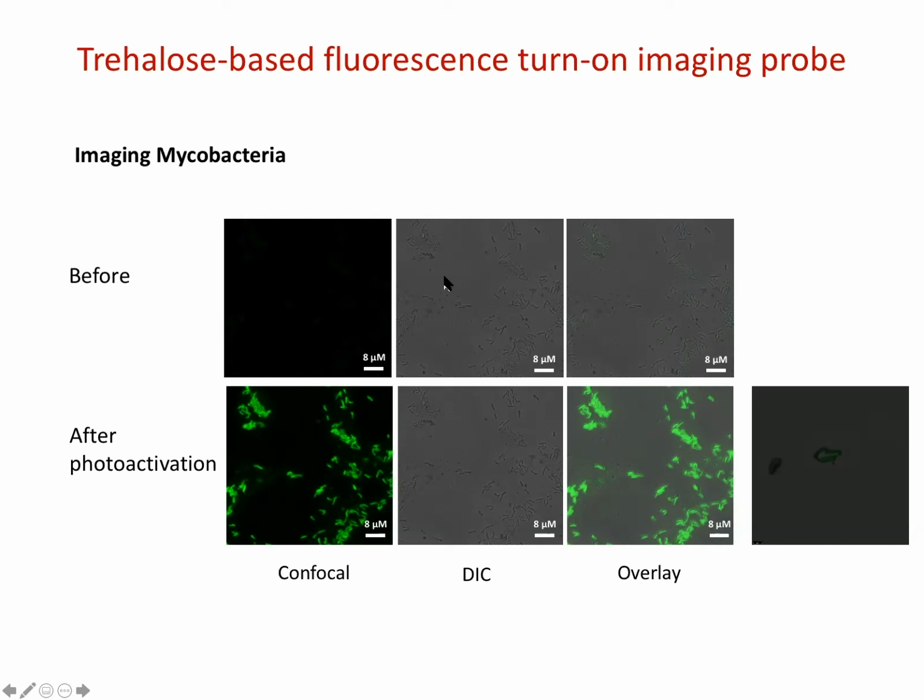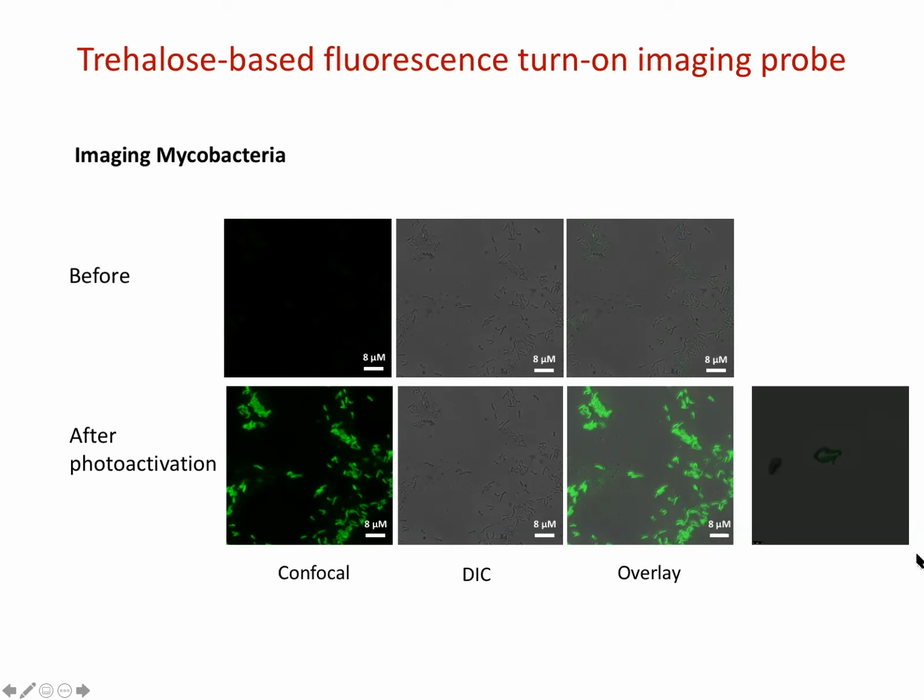The first panel here is before light activation, and then we turn it on by just irradiating with the handheld TLC lamp for minutes at 365 nanometers. You can see they are exactly the same location, right? You can see highly fluorescent bacteria after photoactivation.